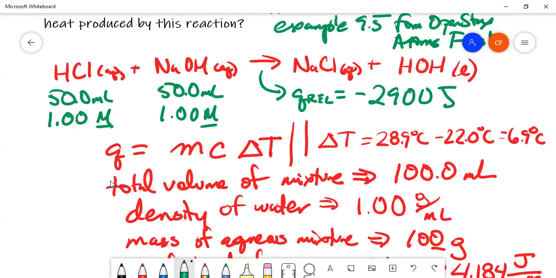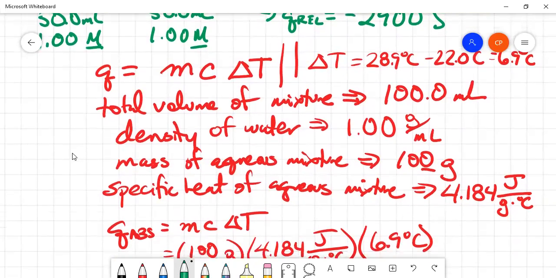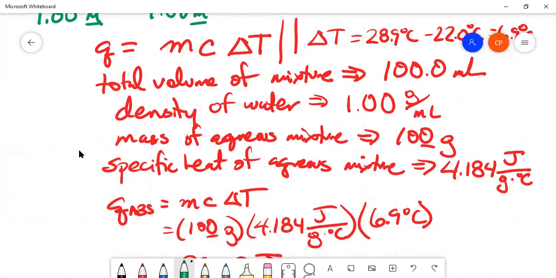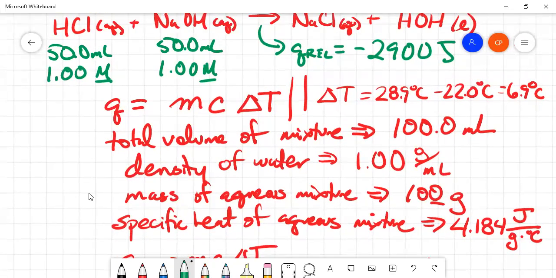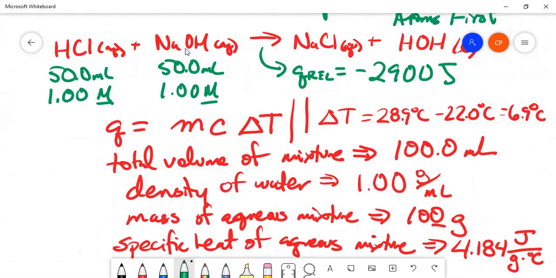Not just making sure we can handle M times C times delta T well, because we absolutely want to make sure we can handle M times C times delta T well. But also making sure that what we can handle is the place chemically where the energy is coming from. Okay? Comments, questions about that?